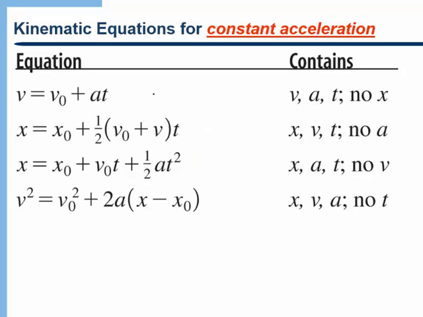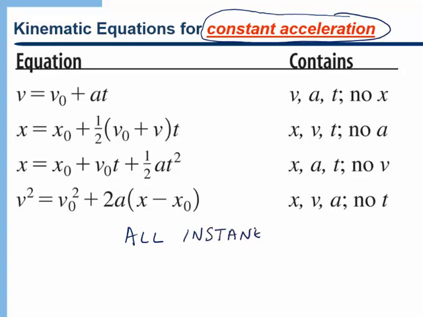One of the most important things to remember about these equations that we've just derived is they only can be used if you know the acceleration is constant. The other important thing to know is that all of the quantities are instantaneous quantities, right? No average values here, all instantaneous quantities.